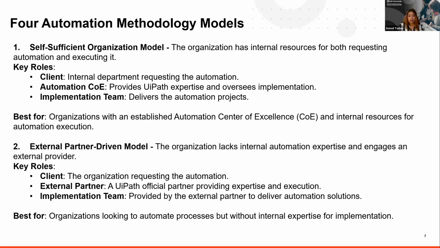The second model involves an organization looking to automate its business process using UiPath, but assuming only the role of the client. So if I am organization 1 and I do not have any team with me, I would go into the market and seek somebody who can provide me with that service. And that's the external partner. So I'm going to partner with someone externally to be able to meet my automation needs.